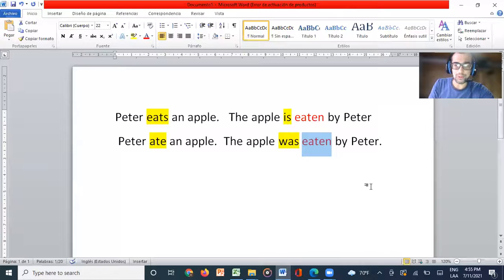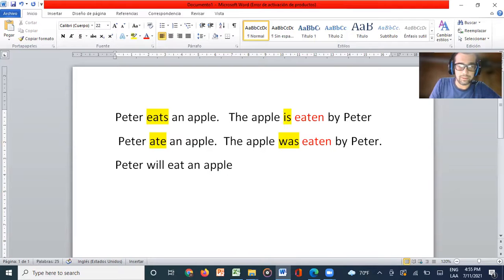So going back to our examples, if we're going to be using this same sentence in the future, for example, if I say Peter will eat an apple, well, what will be the passive voice for this one? Well, it will be the same. The apple will be eaten by Peter.